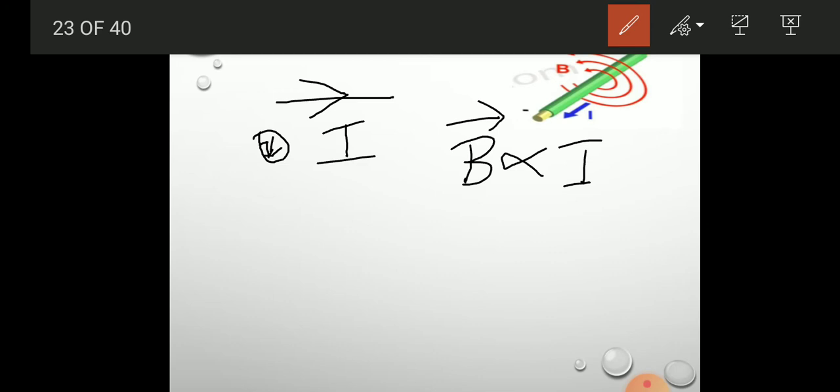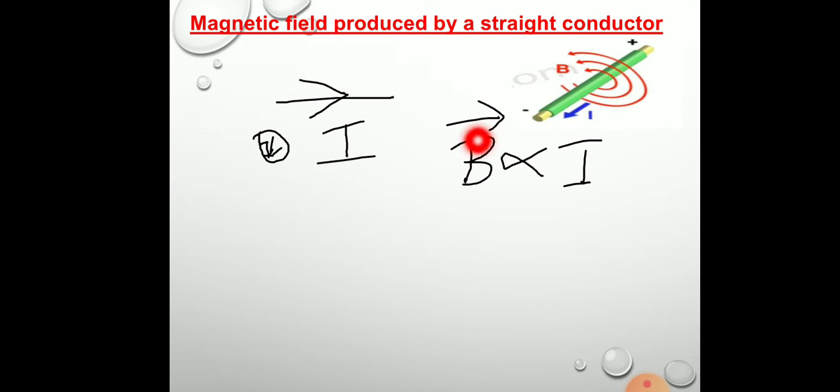In the same way, when the current was decreased, magnetic field decreased, showing that the magnetic compass needle showed less deflection. So by this observation we can say that magnetic field B is directly proportional to electric current I. So this was the first observation.